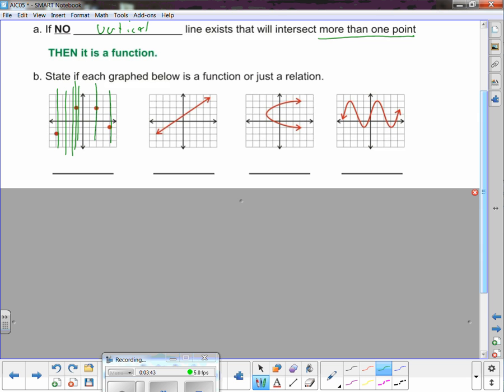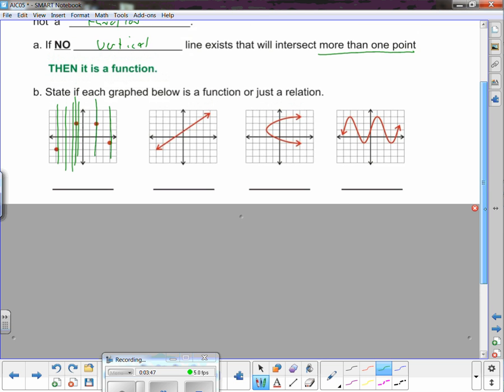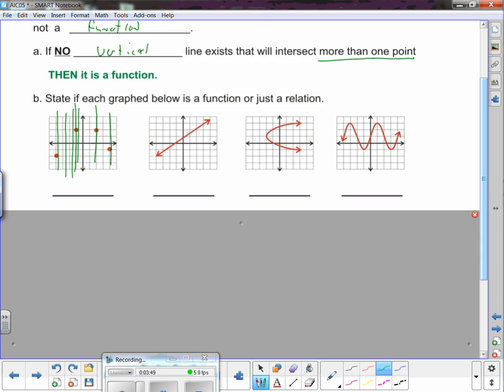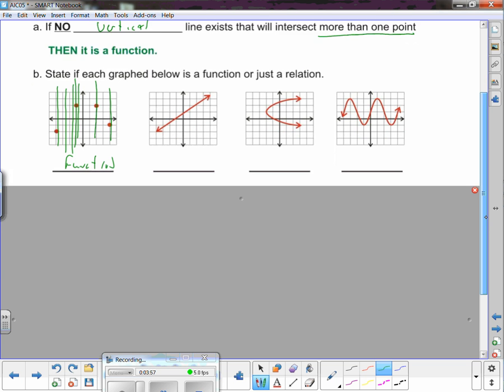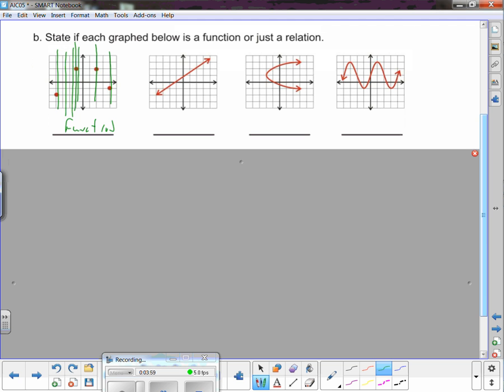Therefore, this first one has to be a function. If no vertical line exists that will intersect more than one point, then it is a function. If no matter what vertical line you pick, it only hits one point, it's a function.